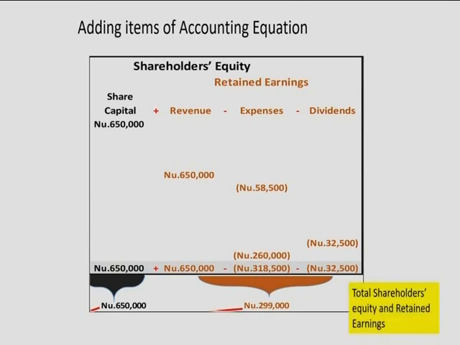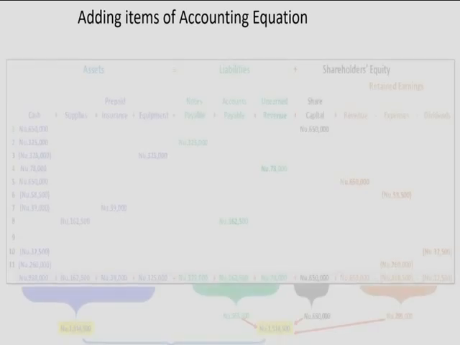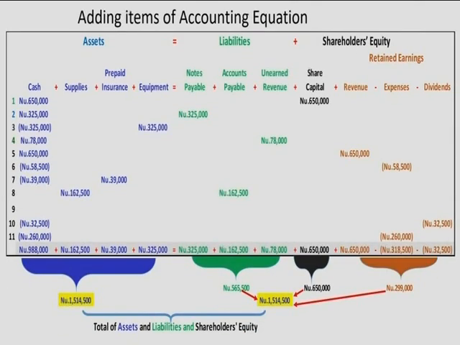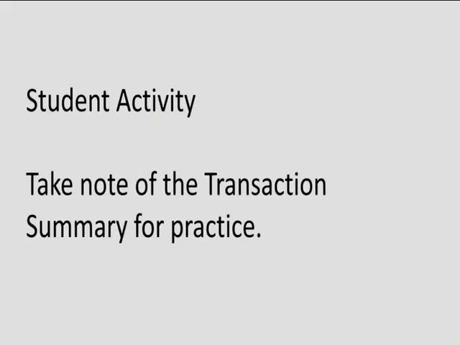So this is the summary of the accounting equation as a whole. Total assets equal total liabilities plus shareholders' equity, which is 1,514,500. This is the overall presentation of the accounting equation in one go for all those 11 transactions.